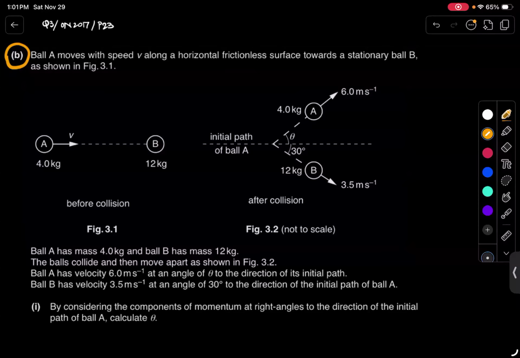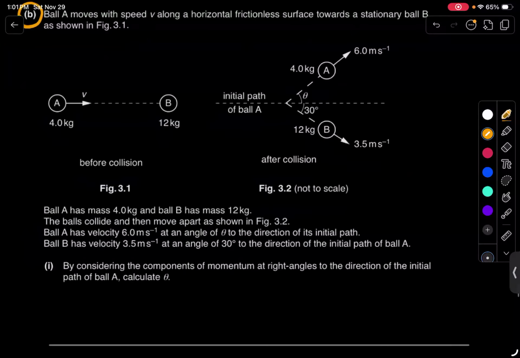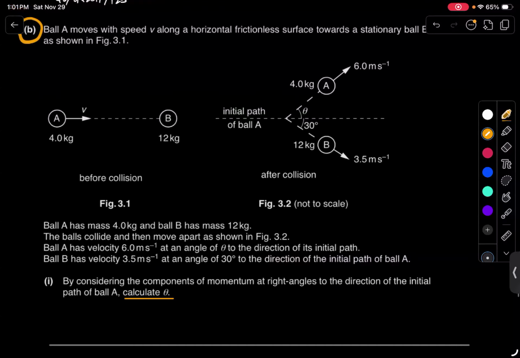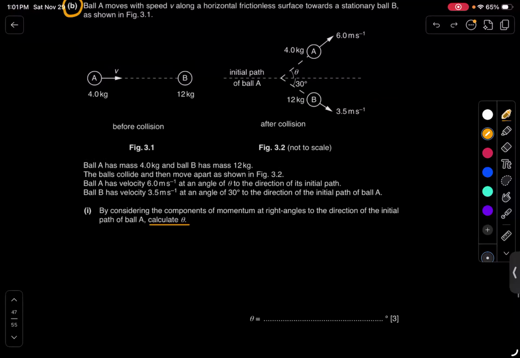Now the question is, they've given all the velocity. By considering the components of momentum at right angles to the direction of the initial path of ball A, calculate theta. So you've got to consider this entire scenario and calculate theta. Now I'm going to leave you for 5 minutes and I want you to come up with an answer.